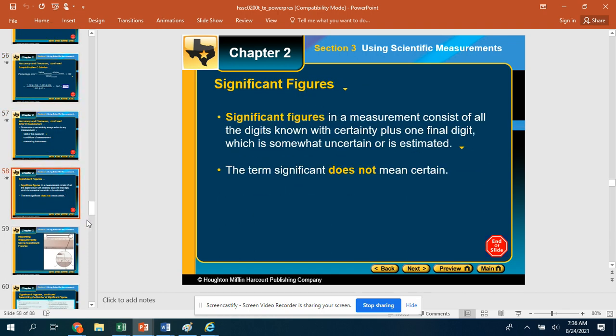Okay, so significant figures, basically what it is, we use significant figures in science to show the accuracy of our devices. So our graduated cylinder or our ruler, how many sig figs we show is how accurate that device is.